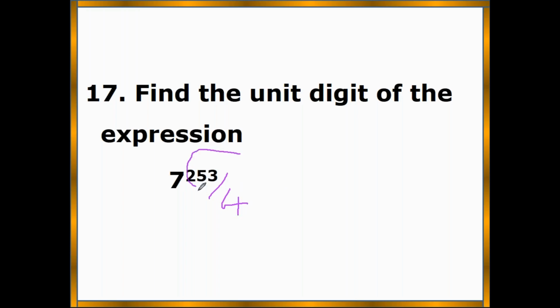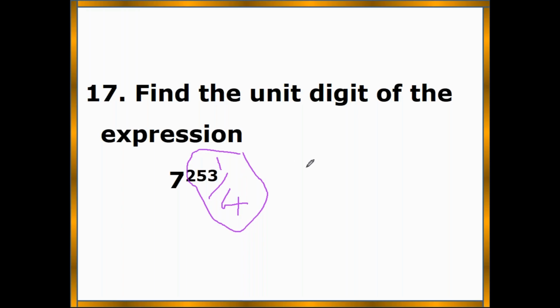Whenever the power is divided by 4, please understand 253 is a larger number. So what is the divisibility condition for 4? If the last 2 digits of the given number are divisible by 4, then the whole number is divisible by 4. 4 13s are 52, the remainder is 1.